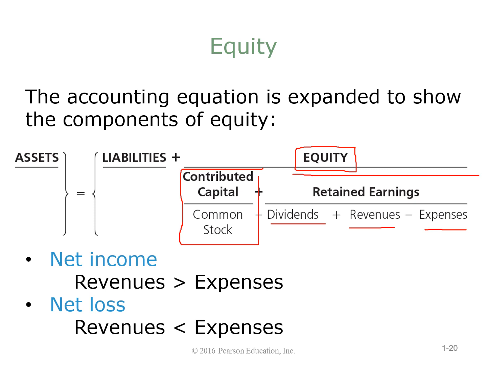But this part alone is called retained earnings. So dividend is the profit distribution. Revenue is whatever you receive against providing service or selling goods. Expenses are what is incurred against generating these revenues and running the operation of the company.